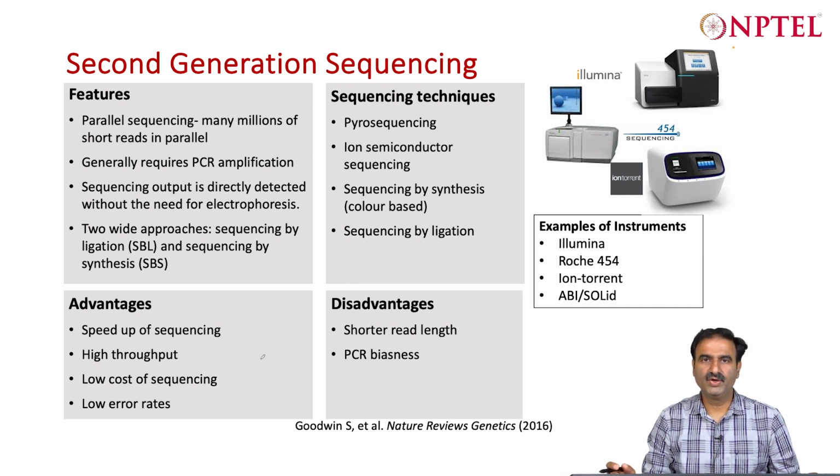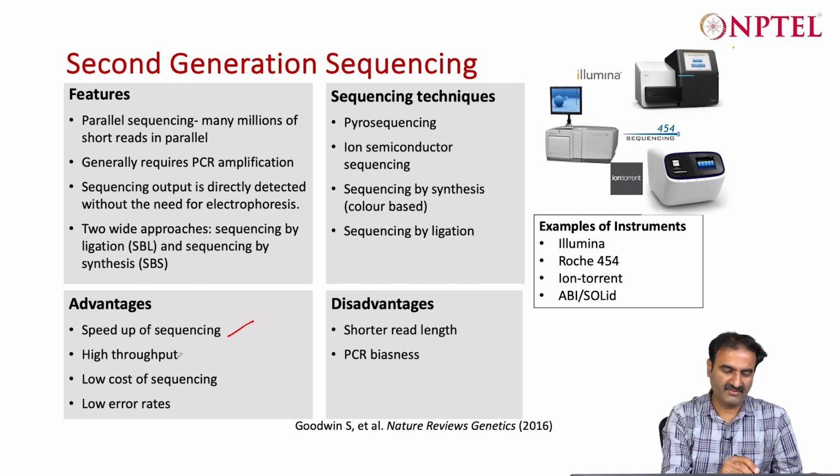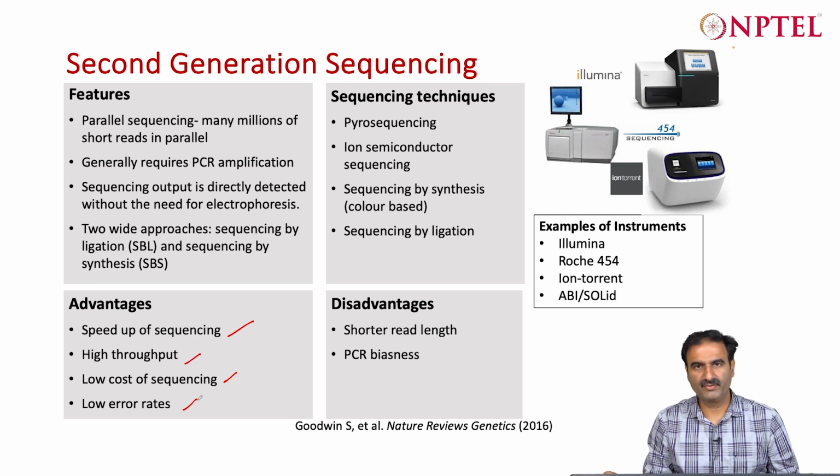That means you pause for some time, remove that OH group blocker, and then continue further. This way you can read which nucleotides have been incorporated. That was the Illumina technology. It is very fast, high throughput, low cost and low error rate, which are its plus points, whereas short reads and the need for PCR or clonal amplification are its weaknesses.